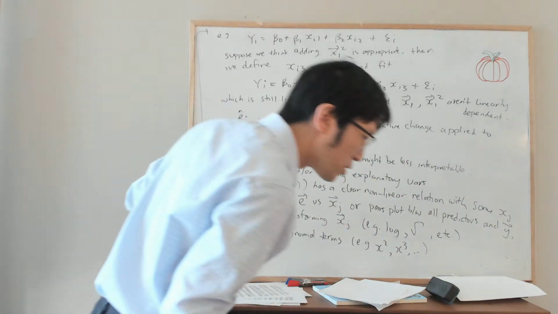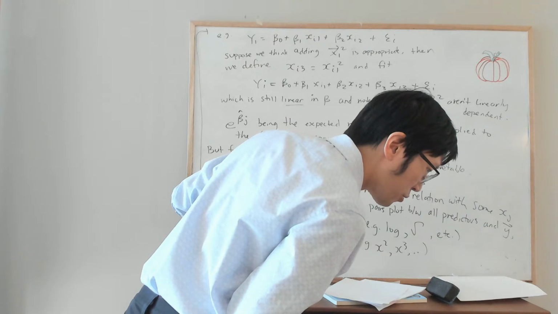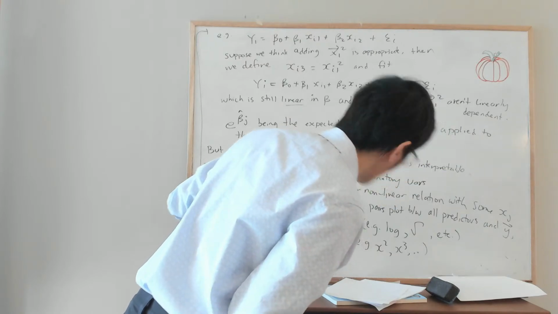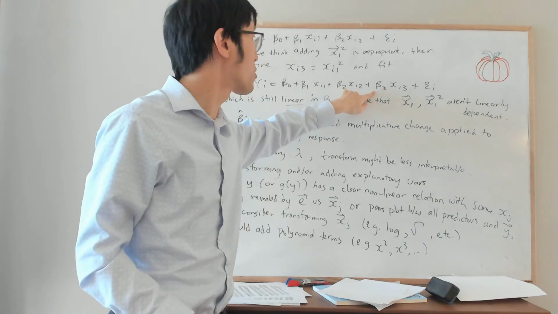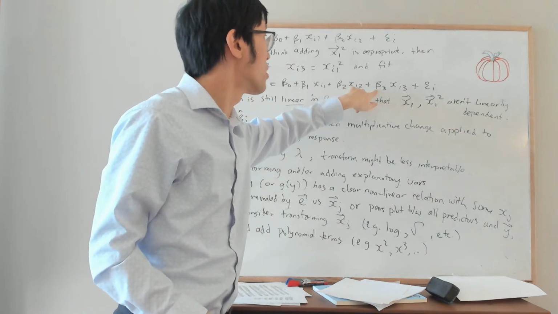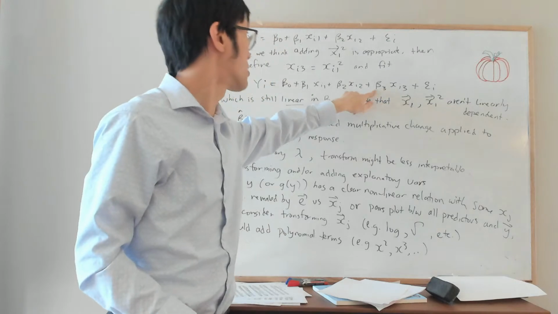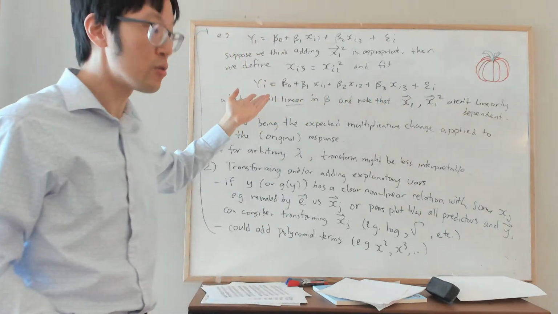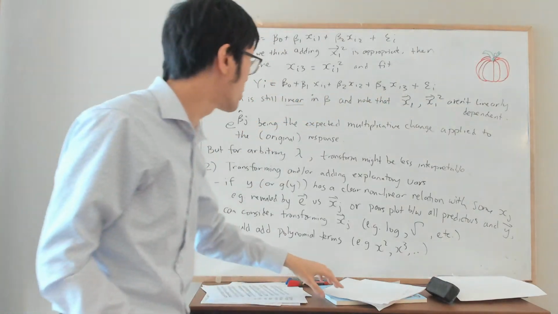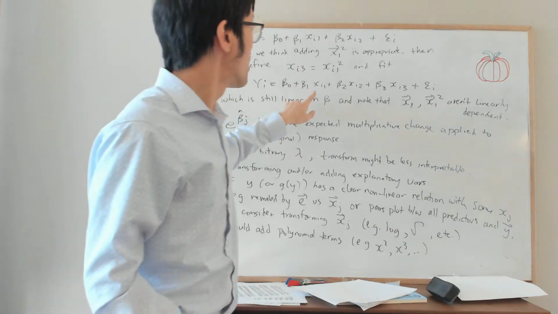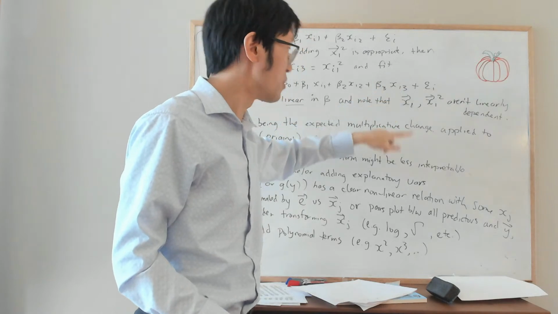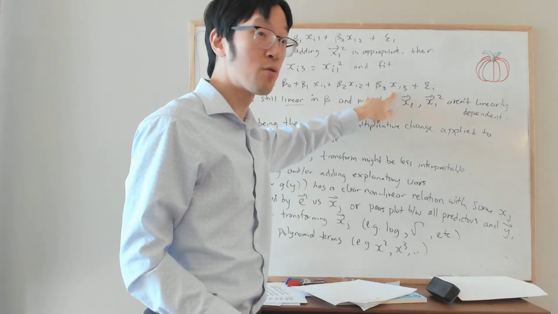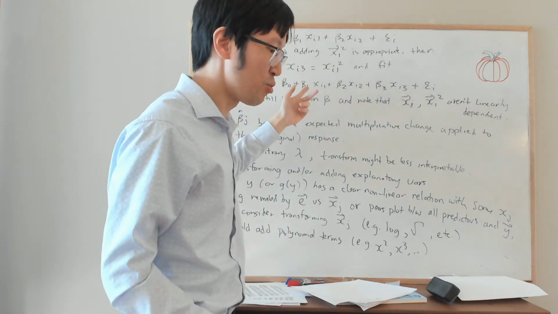So the question is, are we treating the polynomial term as a linear term? The reason we can still call it linear is because the coefficient we're applying on x3 is the same as we would normally do for multiple linear regression. It's sometimes known as polynomial regression because of the way we constructed the predictor x3 from an existing predictor.